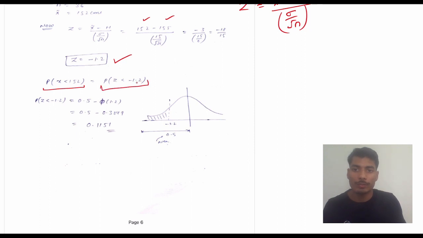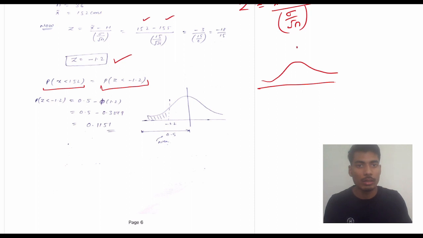Both are the same only because we converted this x in the form of z. Okay. Now see, this is the bell-shaped curve. This is 0. Minus 1.2 is somewhere here. Less than minus 1.2 means this part is coming. So we have to find this part.